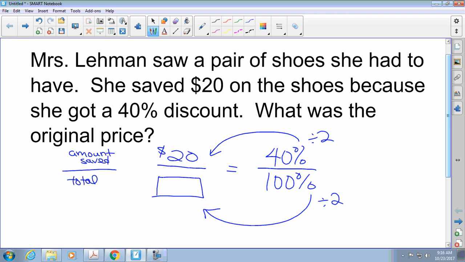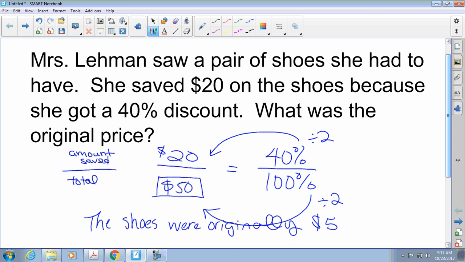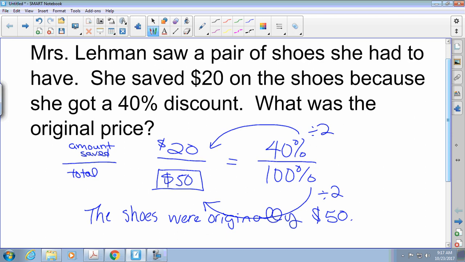Very good. So we would say the shoes were originally $50.